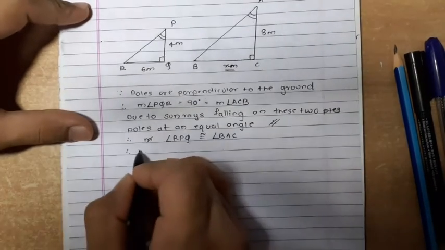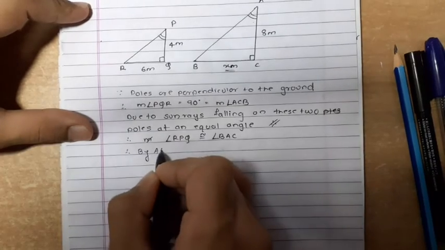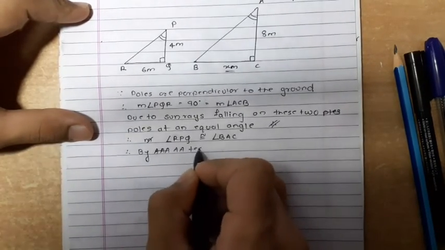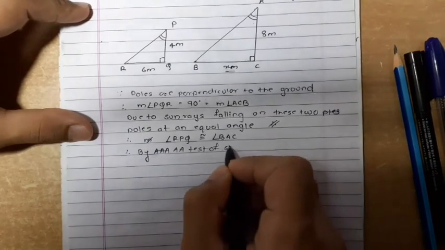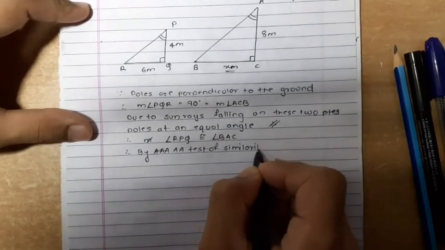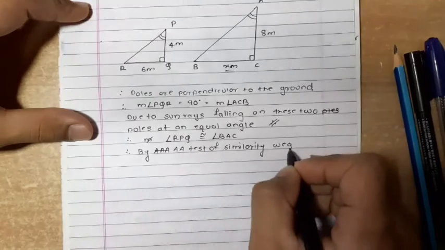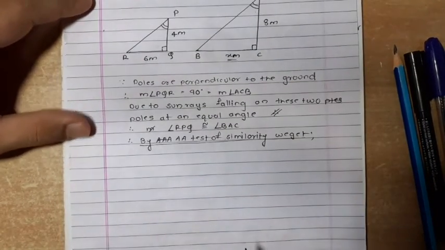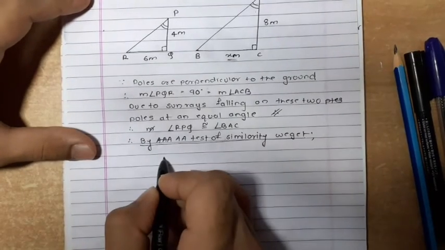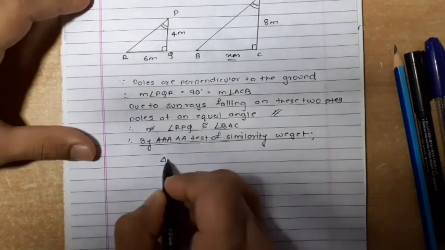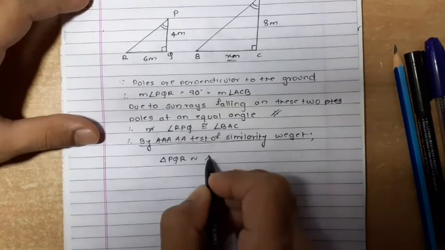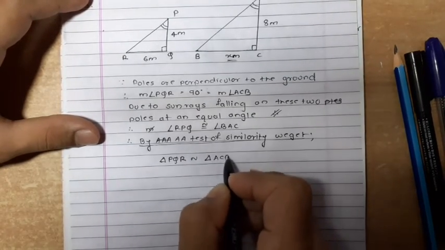So therefore, by AAA or AA test of similarity, we get triangle PQR similar to triangle ACB.